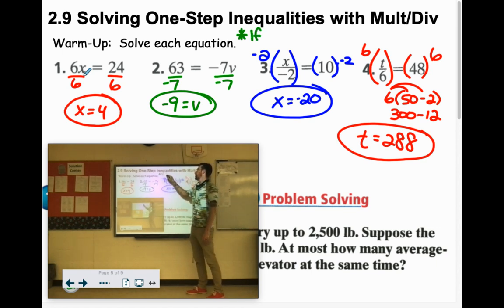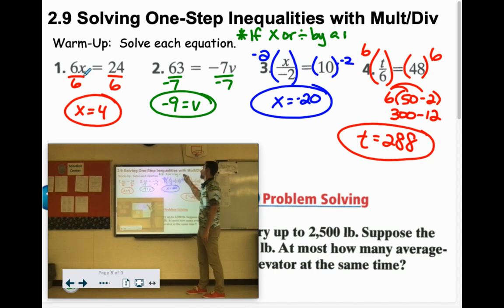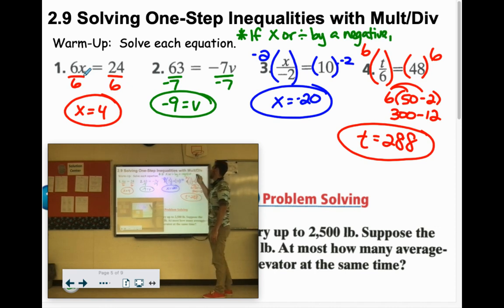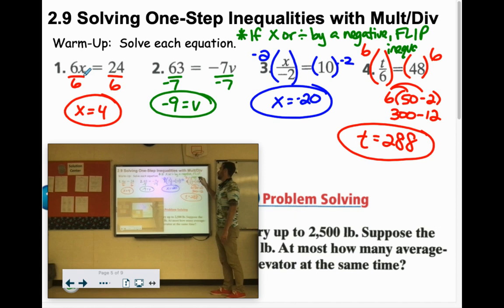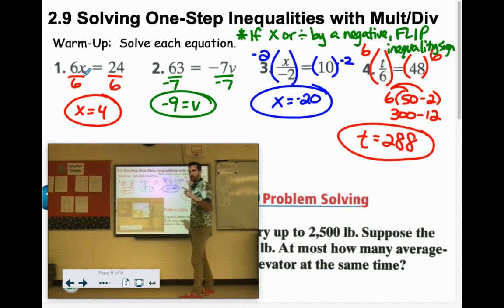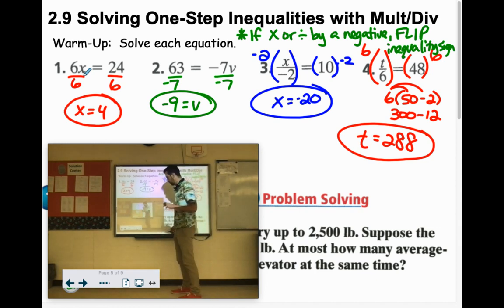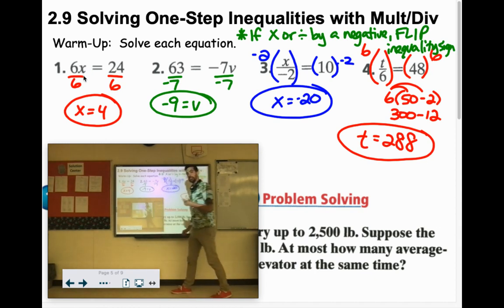If you multiply or divide by a negative, you need to flip the inequalities. So only if you multiply or divide both sides by a negative, you reverse the inequalities.